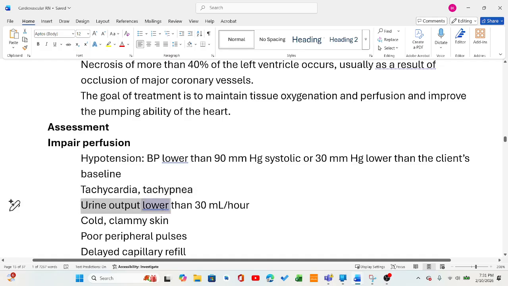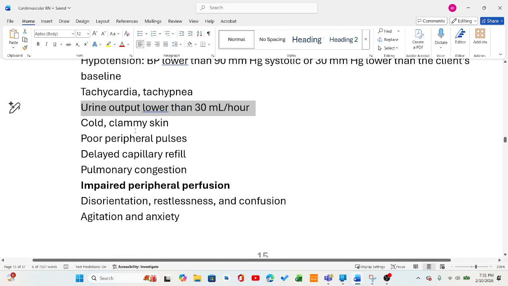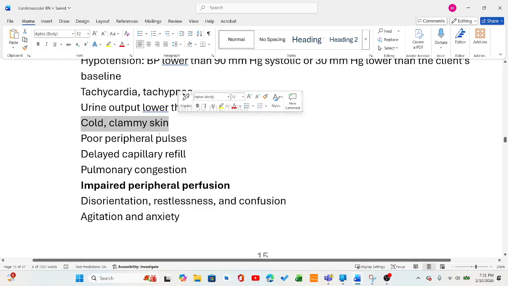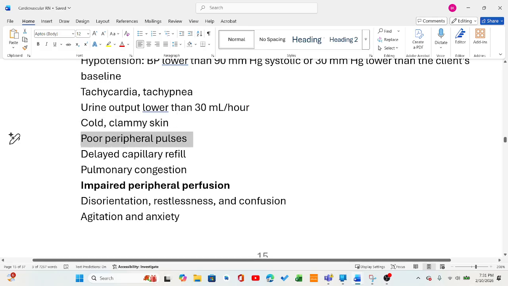Then because the patient's blood pressure is dropping, the urine output is also something you should be monitoring. The normal urine output is between 30 to 50 ml per hour. Since there's a problem with oxygen moving to all parts of the body, you'll be assessing the extremities for cold and clammy skin, and poor peripheral pulses as well.